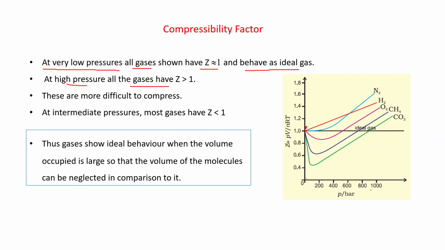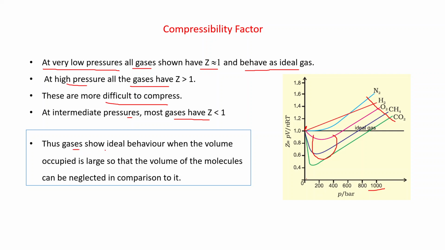That is, as the pressure increases, for all the gases, Z is greater than 1. These are more difficult to compress. At intermediate pressure, most gases have Z less than 1. It is this condition, less than 1.